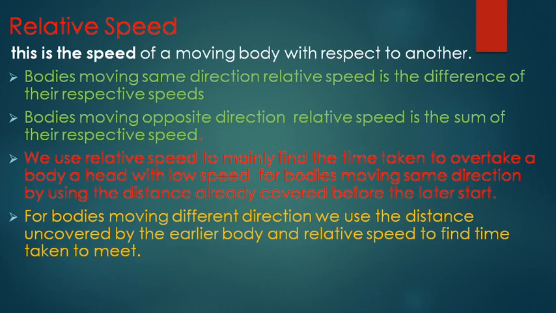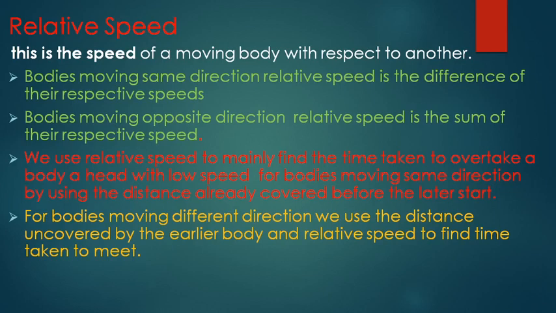If they are moving in opposite directions and we want to find the time taken to meet, we use the relative speed and the remaining distance, that is the shared distance. Meaning, if the body that started earlier has moved a certain distance, we subtract what has already been covered from the whole distance.